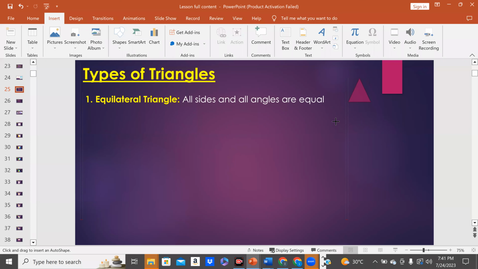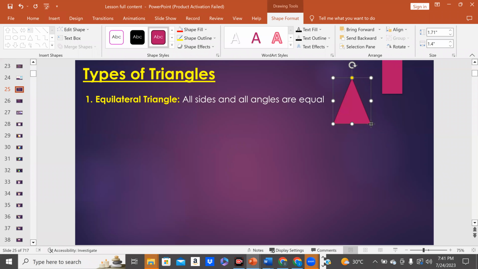Okay, good. So an equilateral triangle can look something like this. Let me change the color.